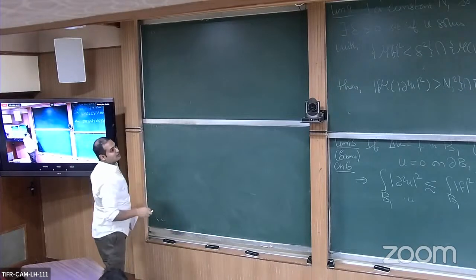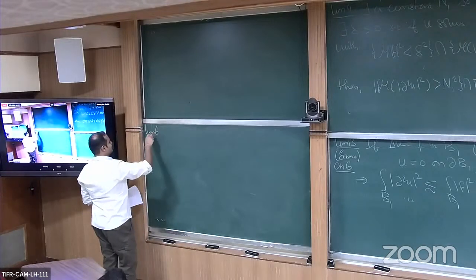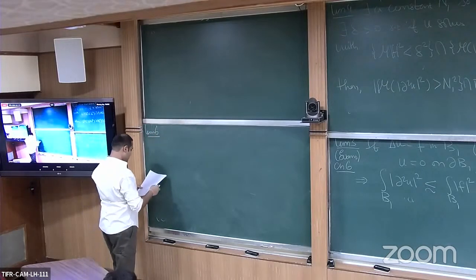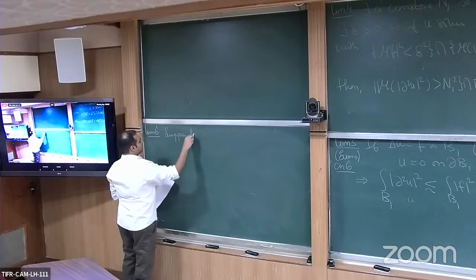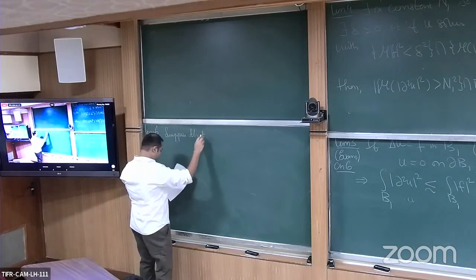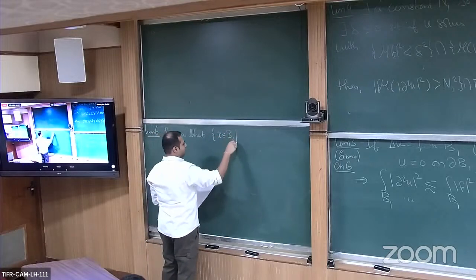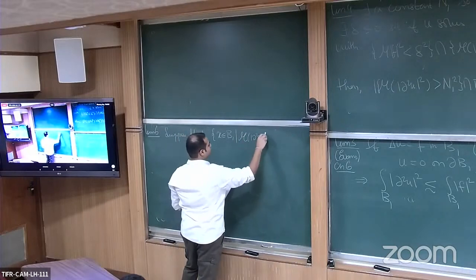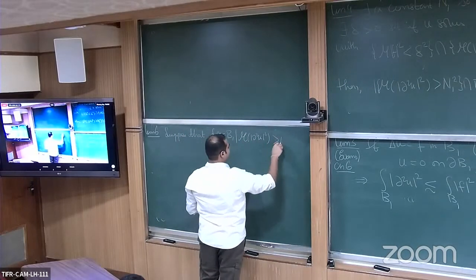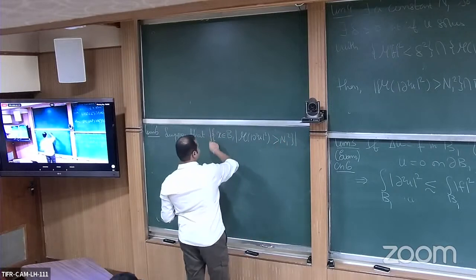So now, what is this? 4, 5, 6. Suppose that the sets square, if the density is small.